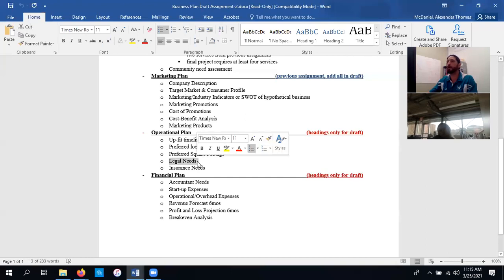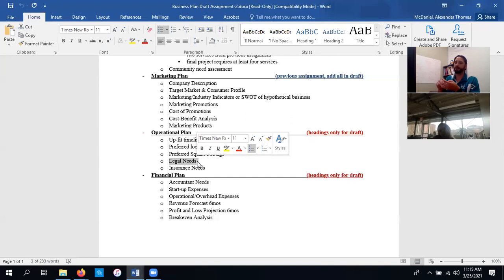Legal needs, just a small paragraph of, we are going to hire a lawyer to develop a risk management strategies guide, and our risk management strategies guide is going to have information such as Title IX issues, harassment in the workplace, like staff member to client, harassment in the workplace, staff member to staff member.